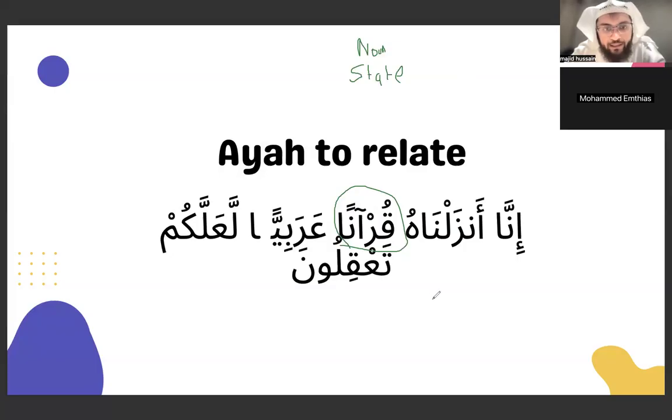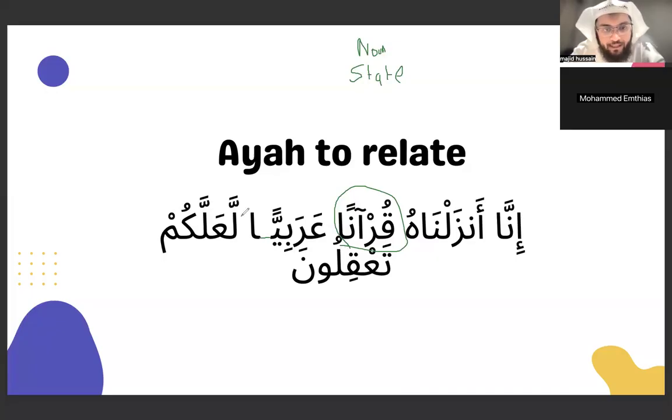Okay. Now, in this ayah, do we have only one noun or more than one noun? I think there's two. Two nouns. What's the second noun? This one, Arabi.